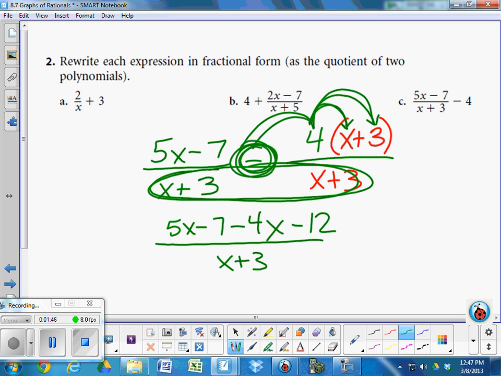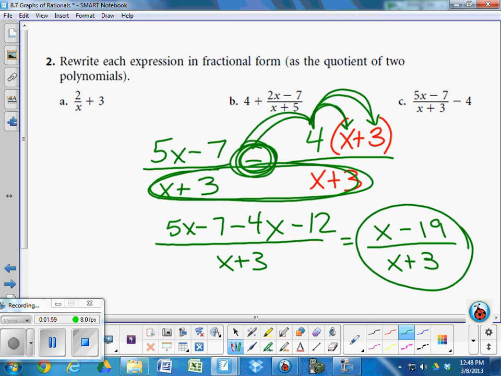So the top is going to be 5x minus 4x, which is x, and negative 7 minus 12, which is negative 19. So common mistakes are forgetting to distribute, and mainly forgetting to distribute that minus sign. All right? That concludes problem 2.